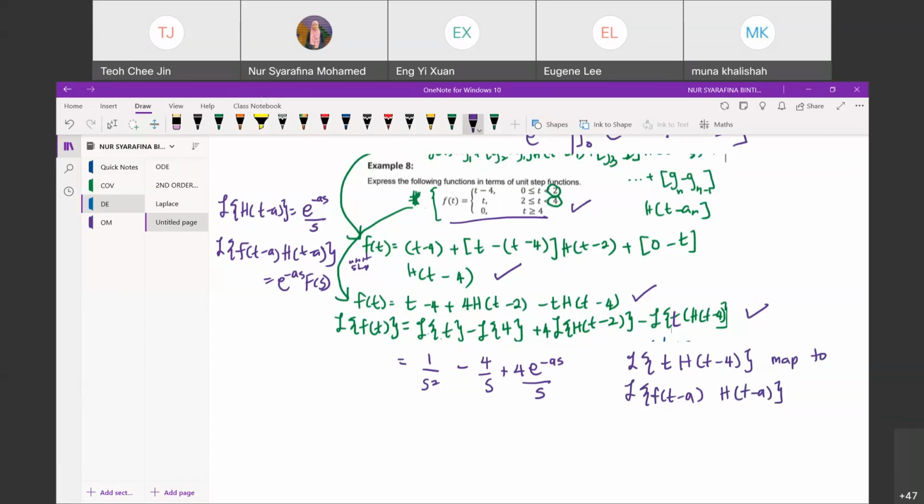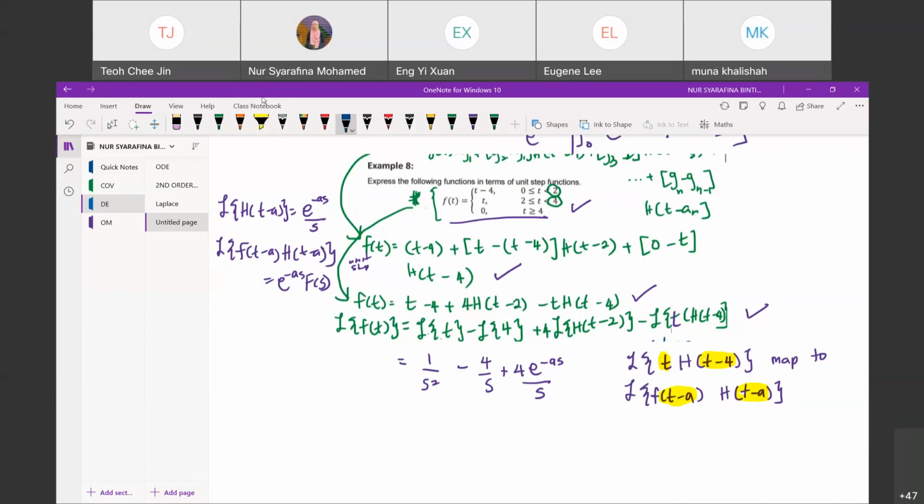But as you can see, this is t minus 4, but this is only t. What you have to make sure before you use this property is, if this is t minus a, this one is also t minus a. So we need to do some adjustment.